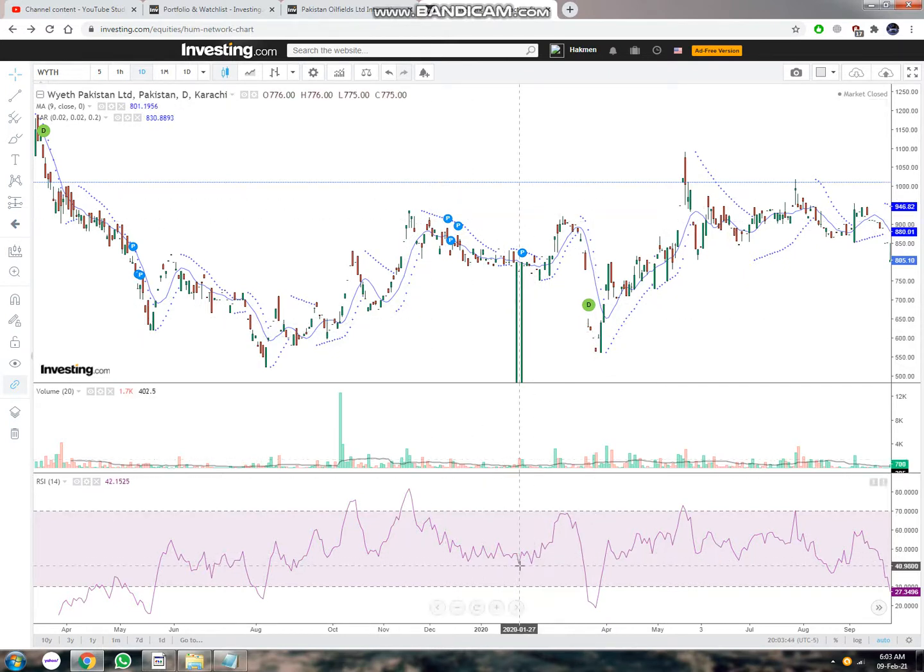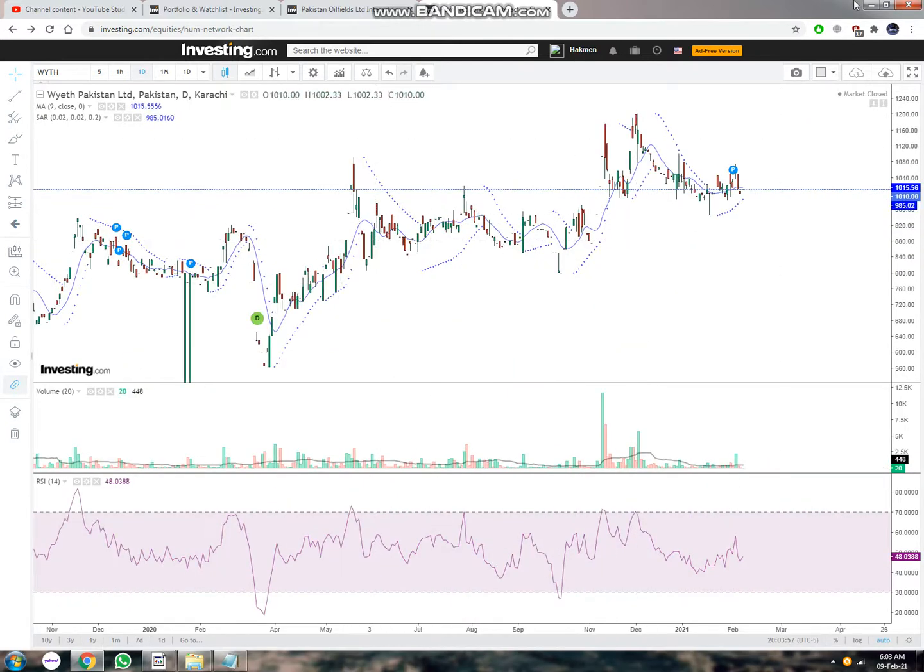As you have identified your oversold and overbought areas, you'll have to trade according to those that you have defined. And also always do your risk management, because it is important in any type of technical analysis.